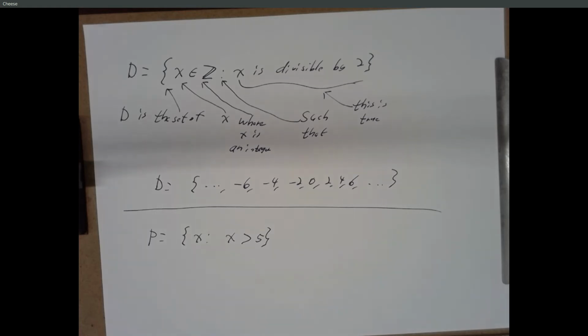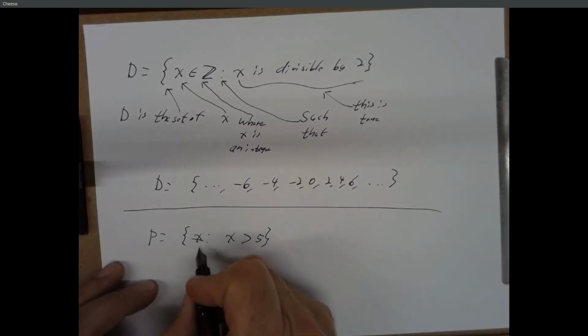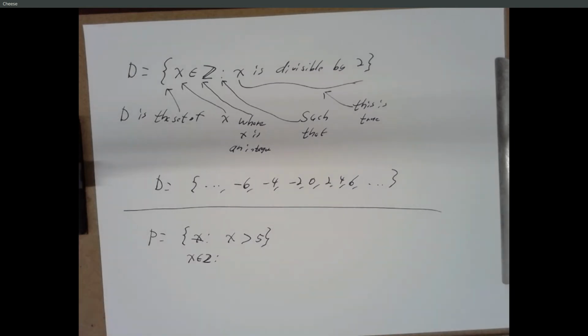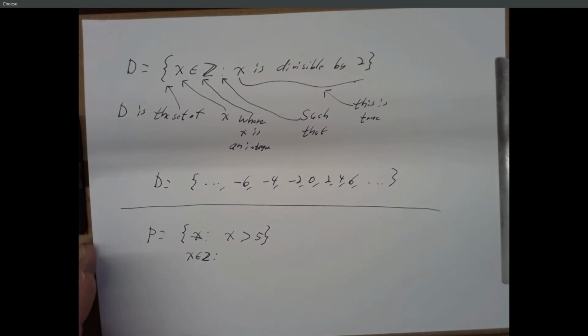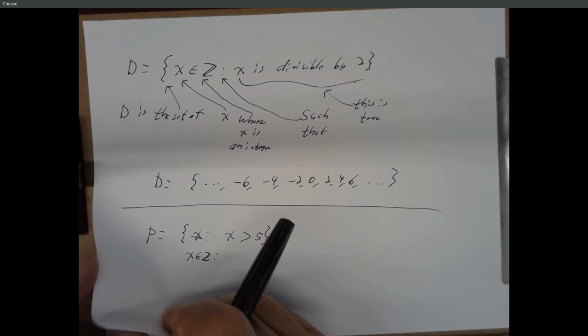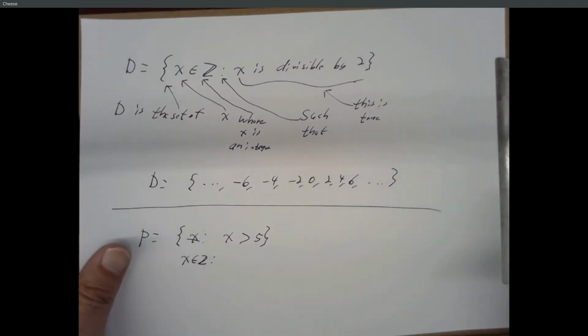Well, only if X is allowed to be a real number, or maybe a rational number, right? So we need to say something like, the set of all X contained in the integers, or contained in the reals, or something like that. And we'll look at other ways of specifying sets as we go forward.